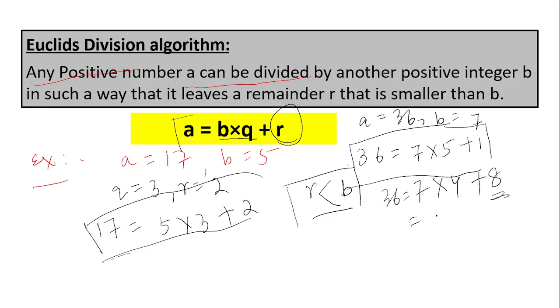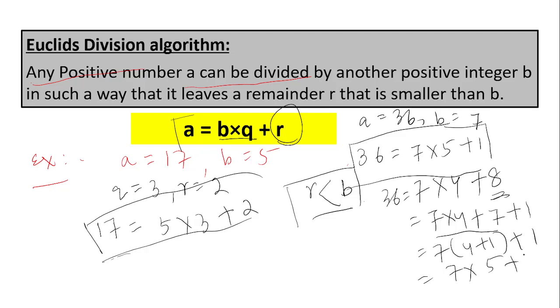So in this case we can write 7 into 4 plus 7 plus 1. By taking 7 common, you will get 7 times 4 plus 1, plus 1. Then that is 7 into 5 plus 1, which was earlier expressed. Look at this, 36 is equal to 7 into 5 plus 1.